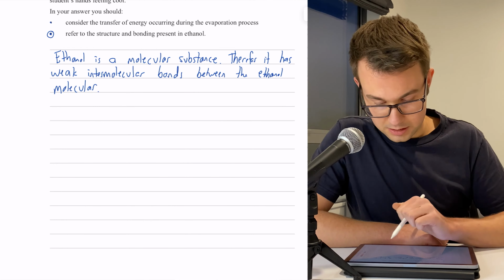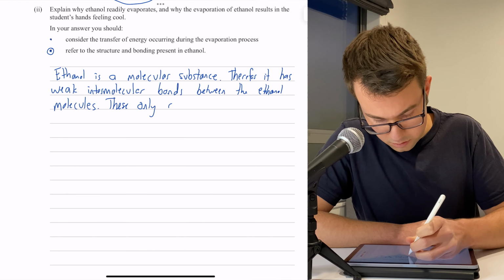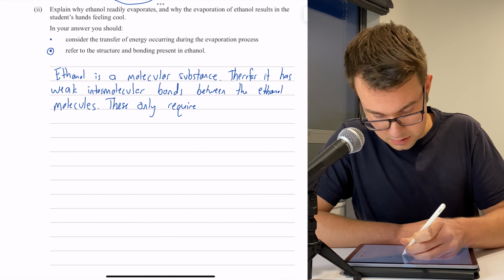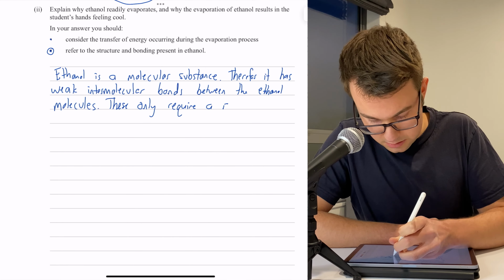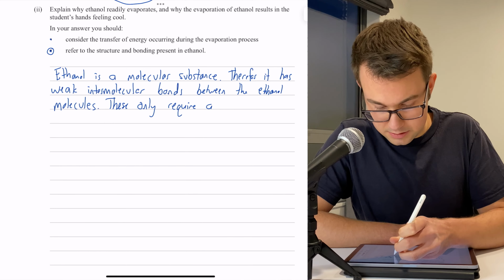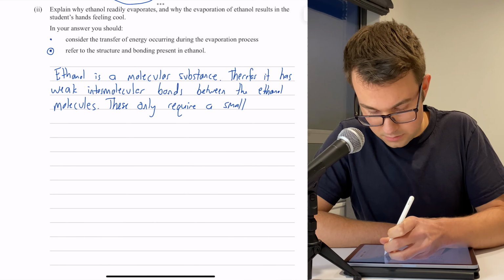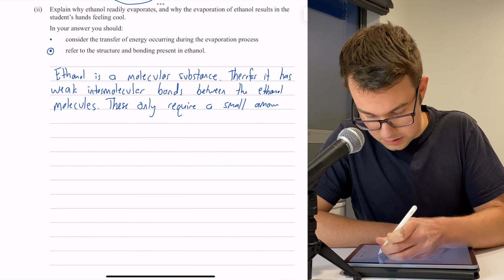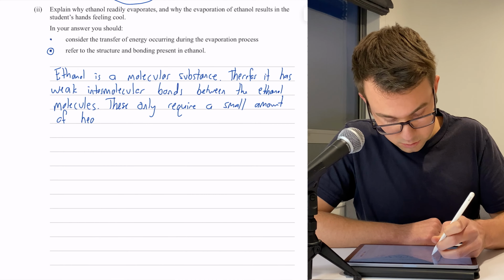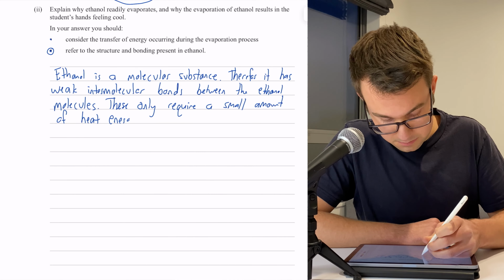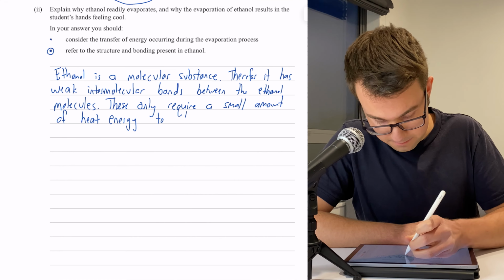Therefore, these only require a small amount of, let's be more specific. What sort of energy? A small amount of heat energy to break.